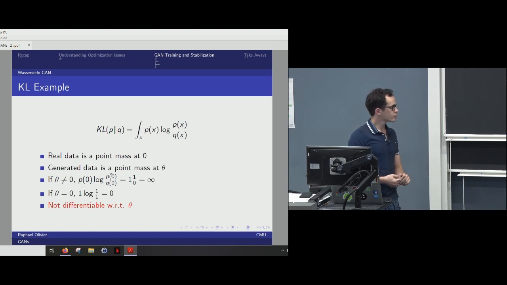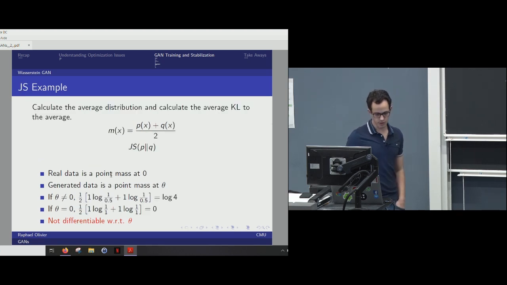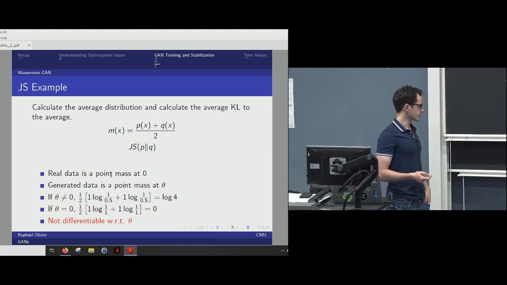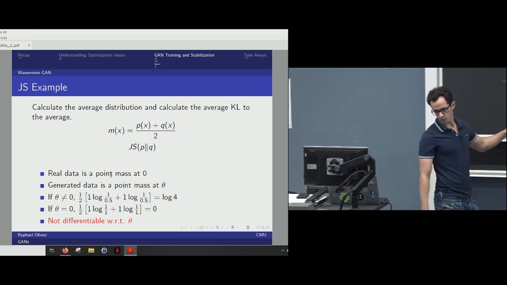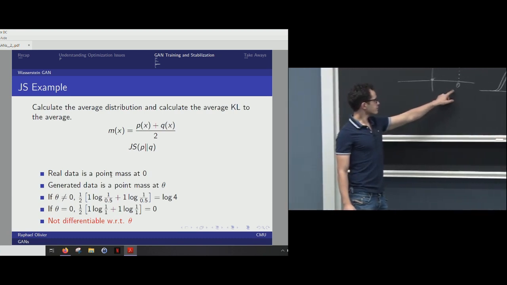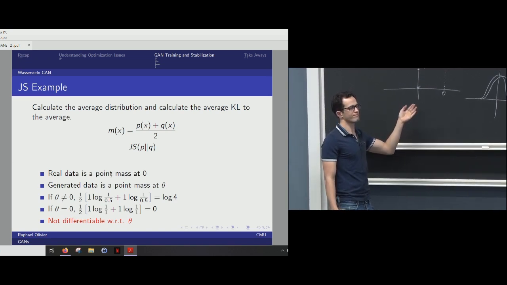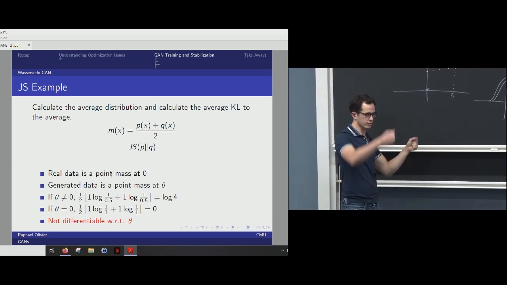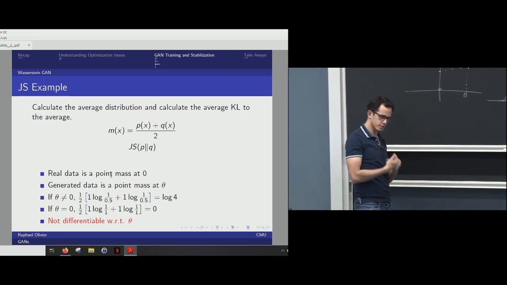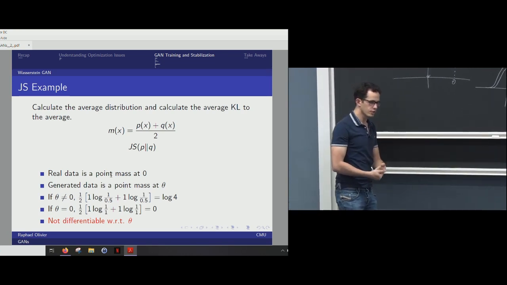Now, in the GANs, we are not looking at KL. We are looking at the Jensen-Shannon divergence, as we've said. In that case, it's not infinity that you get. It's log 4 here. And once you arrive here, it's 0. So it's better in a certain sense because the difference is smaller, but it is still not differentiable.